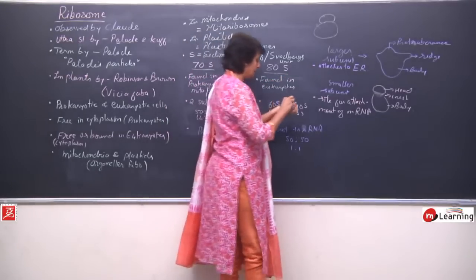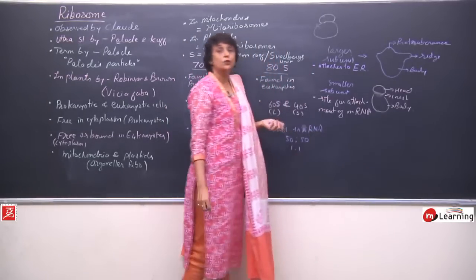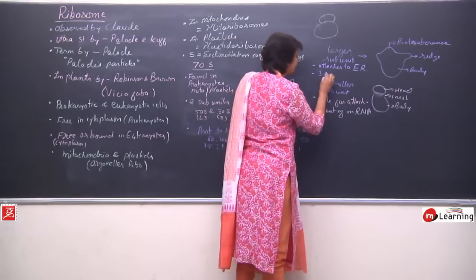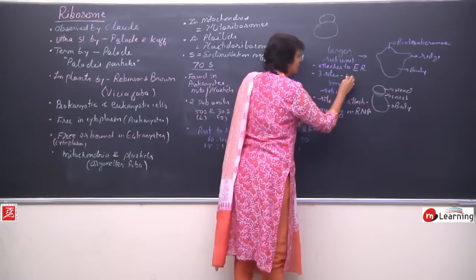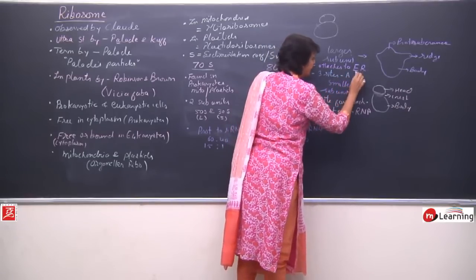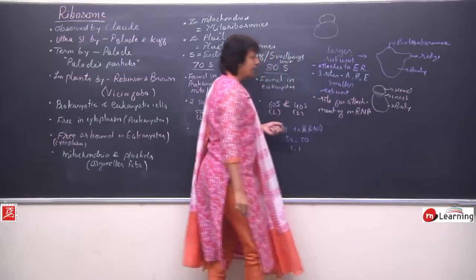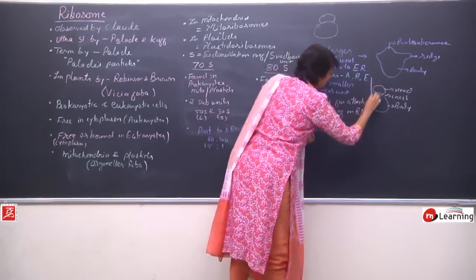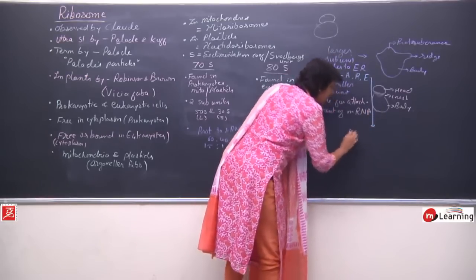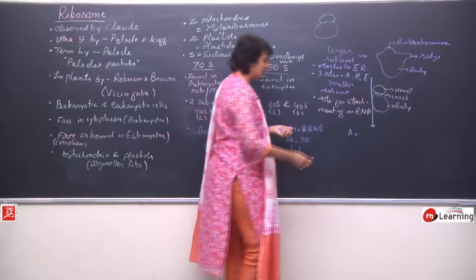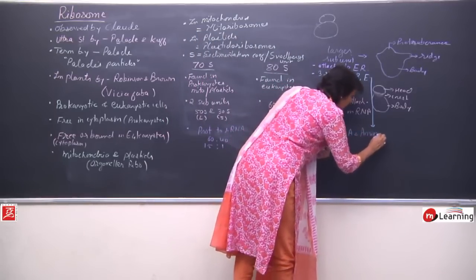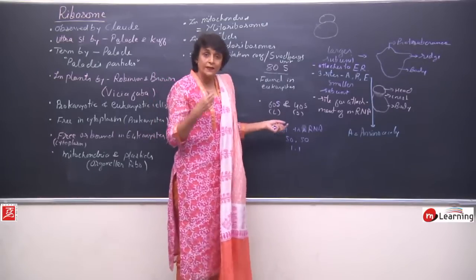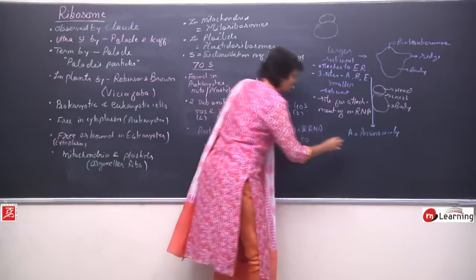The larger subunit has 3 sites. These sites are known as the A site, P site, and E site. The A site is the aminoacyl site, where the amino acid with tRNA is going to come and get attached.